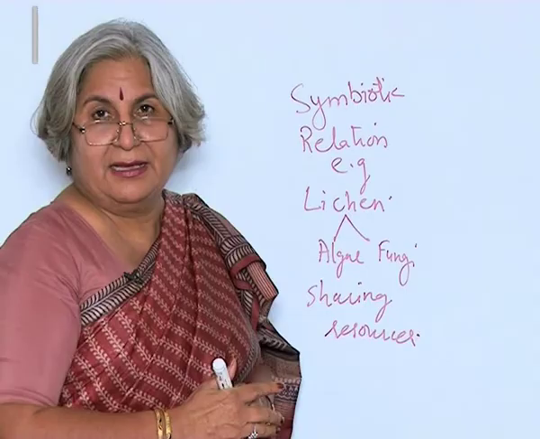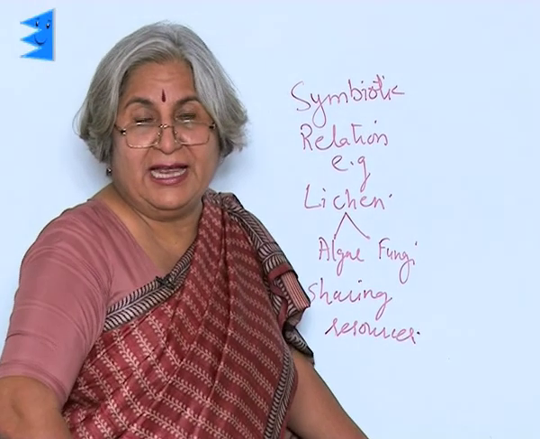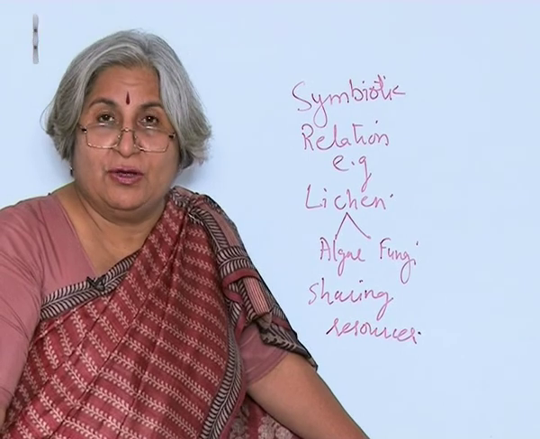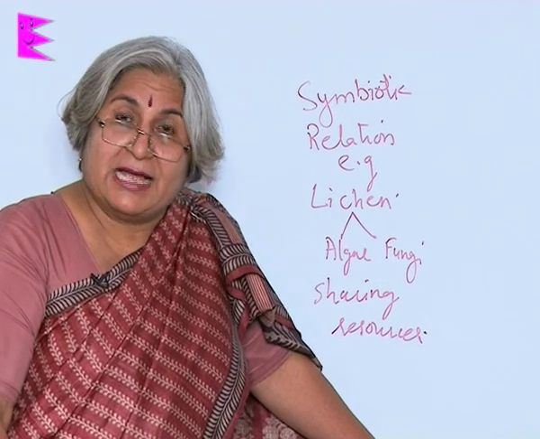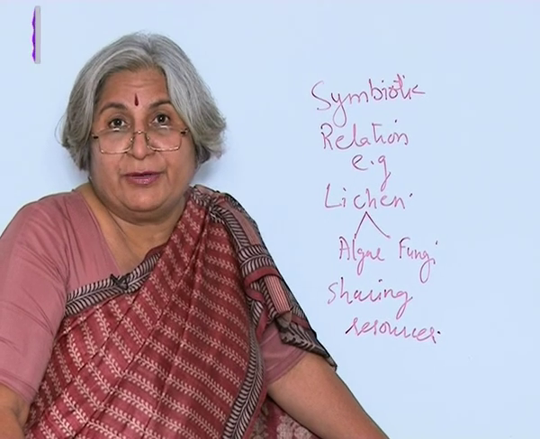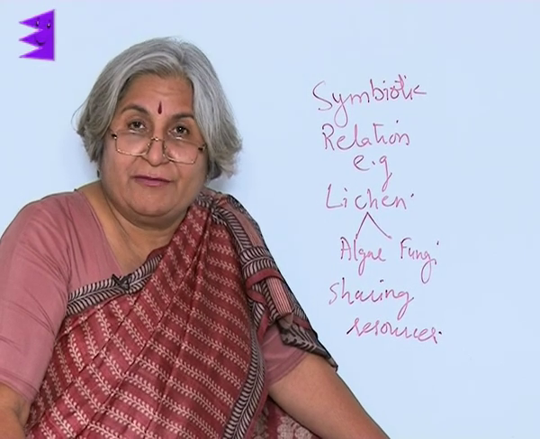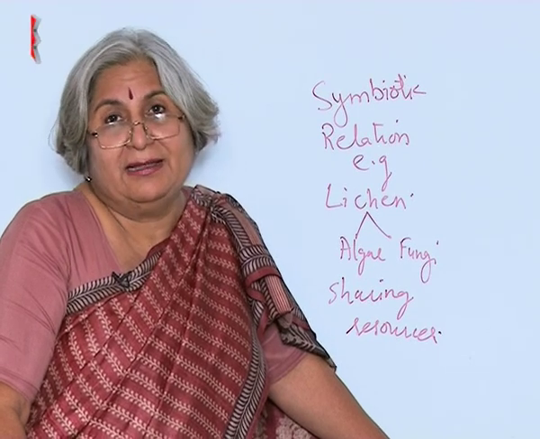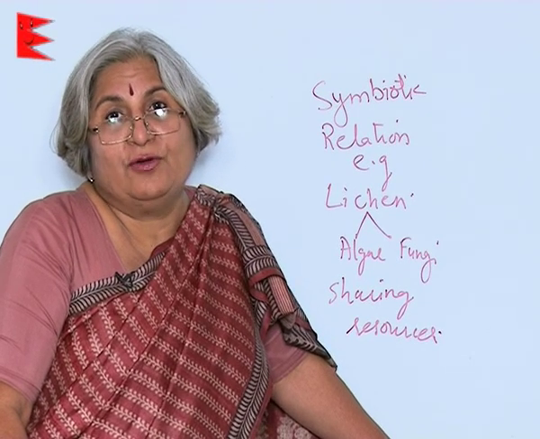In the case of fungi, as we studied in saprotrophic nutrition also, how does it get food from, say, bread, jam or pickle? It produces juices which dissolve the food or which act on the food, and then that digested food is absorbed.